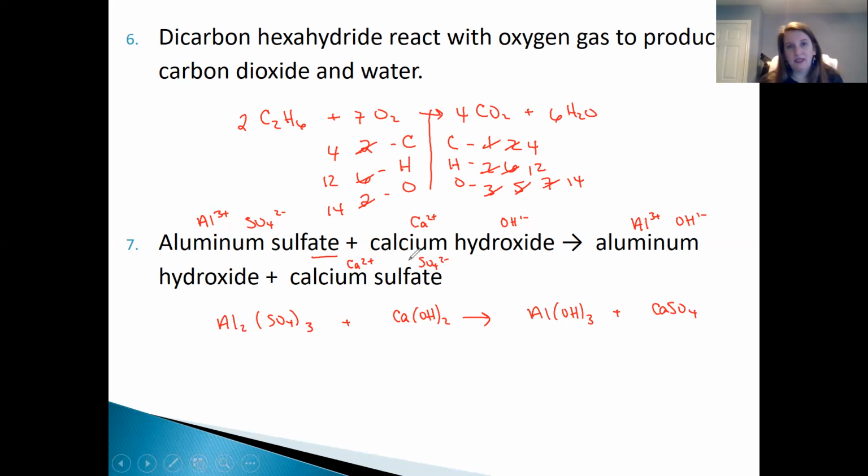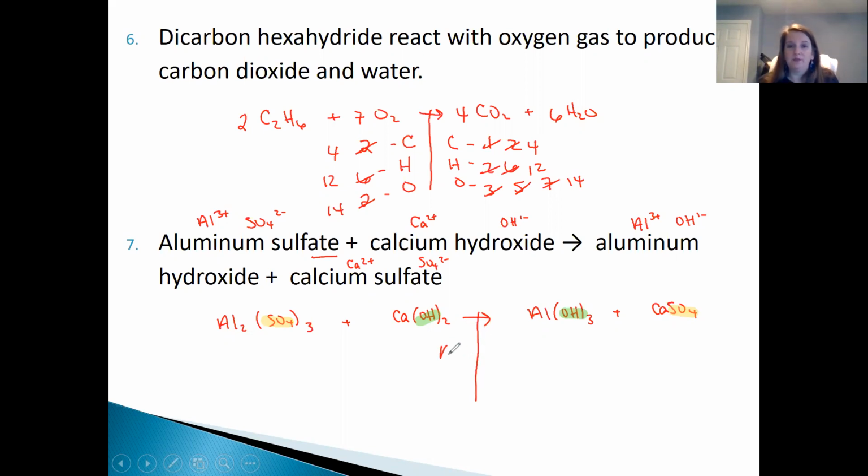So one of my tips was to count the polyatomic ion as a unit if it stays intact on both sides of the reaction. So you can see that the sulfate stays together, and we can see that the hydroxide stays together. So we can count that as a unit. So instead of counting oxygens and hydrogens and sulfurs all separately, because oxygen's in everything, it'll be really hard to count.